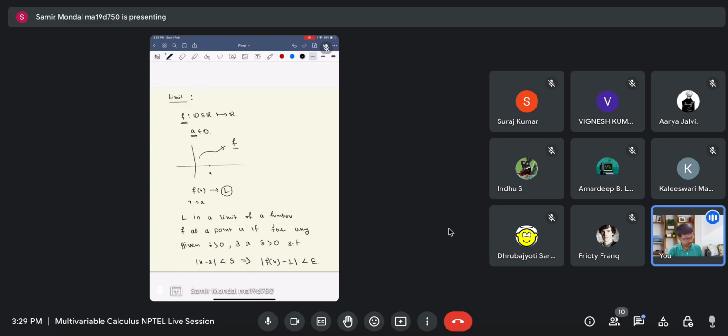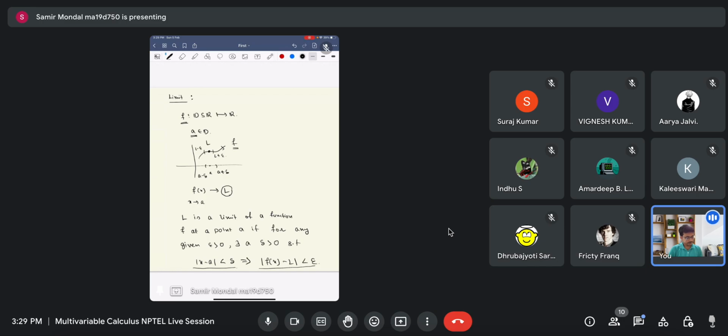Okay, suppose this is your L. And your |x - a| < delta means this interval, from a minus delta to a plus delta. And this one is represented like that, L minus epsilon and L plus epsilon.